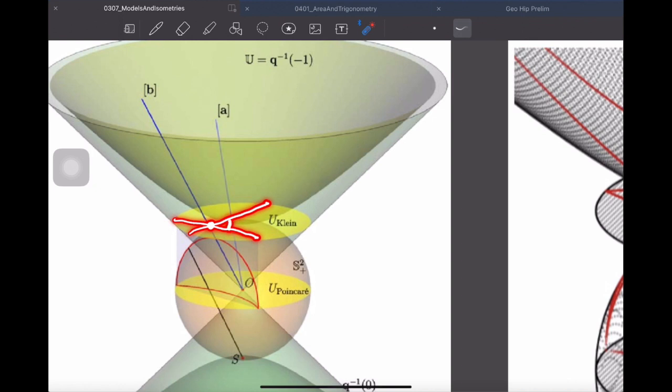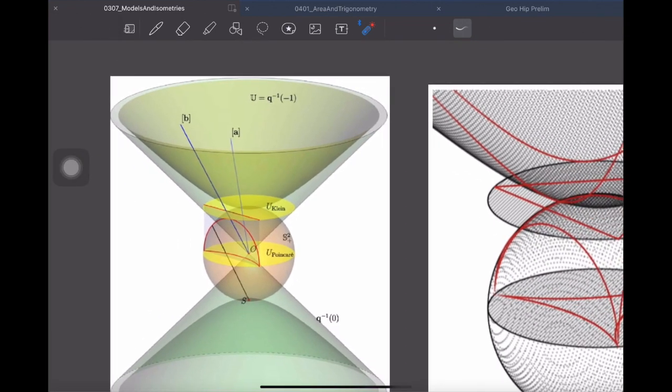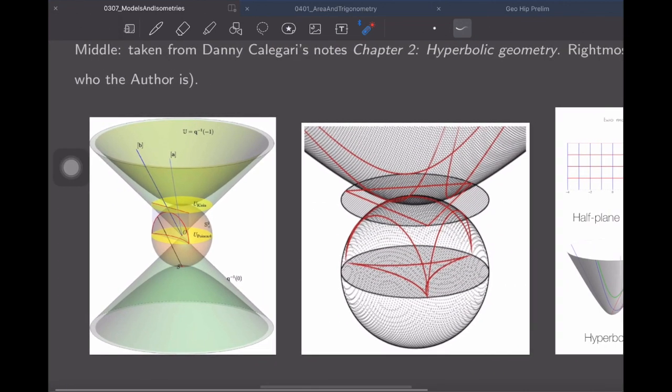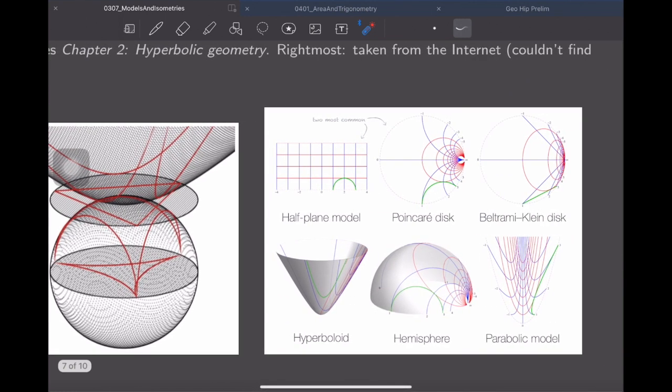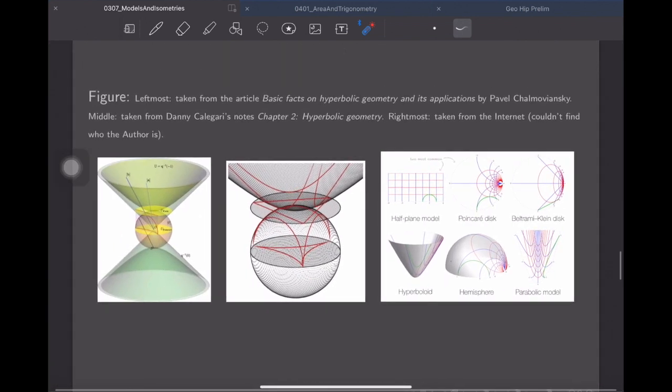It's not the Euclidean angle. So in other words, this is a so-called non-conformal model. So it's useless for measuring angles, or almost useless. I don't want to say just useless, but it's not very useful if what you want is to measure angles or speak about conformal maps. But how is it useful?